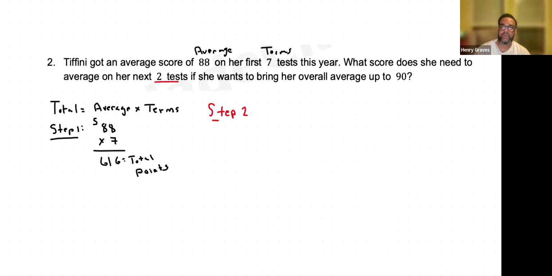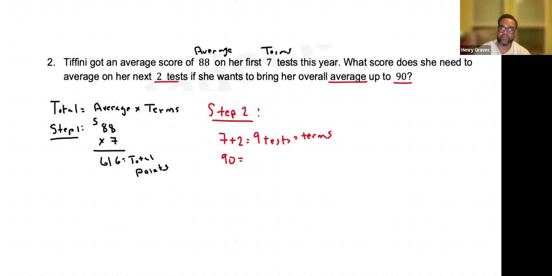So we're going to have 7 plus the 2 is going to be 9 tests, right? This is our terms right here. And her average, she wants her average to be 90.